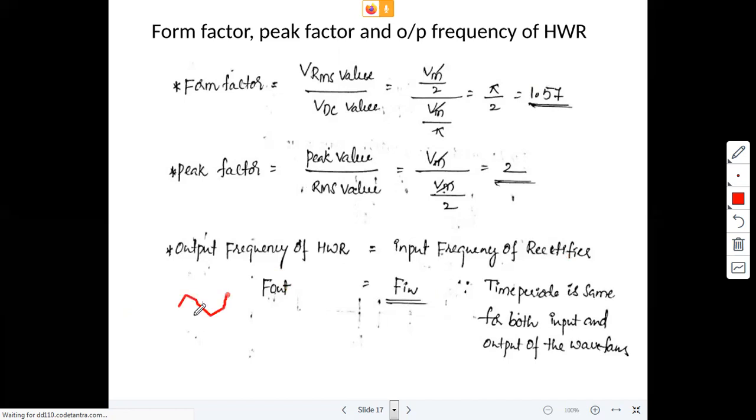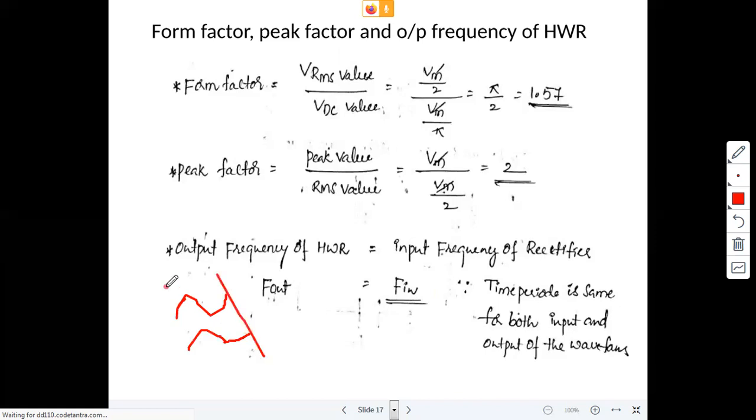This is the input signal, a sinusoidal signal. Now coming to the half wave rectifier output, it consists only of the positive cycle and does not consist of the negative cycle. But what about the time period here?